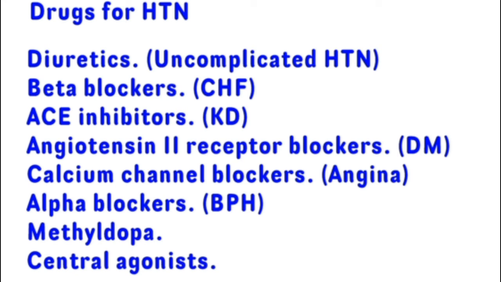And if the patient is suffering from congestive heart failure, beta blockers are a good choice. ACE inhibitors if your patient is suffering from kidney disorders, and angiotensin receptor blockers if the patient is suffering from diabetes mellitus. And if the patient has angina, you will give a calcium channel blocker, and alpha blockers for BPH. Methyldopa and central agonists are also used.